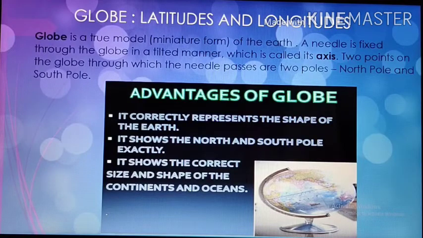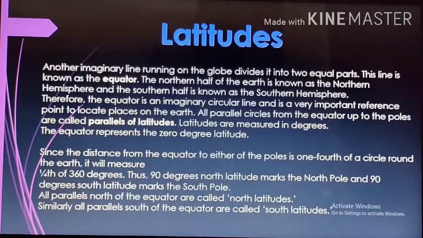Another imaginary line running on the globe divides it into two equal halves. This line is known as the equator. The northern half of the earth is known as the northern hemisphere and the southern half is known as the southern hemisphere.